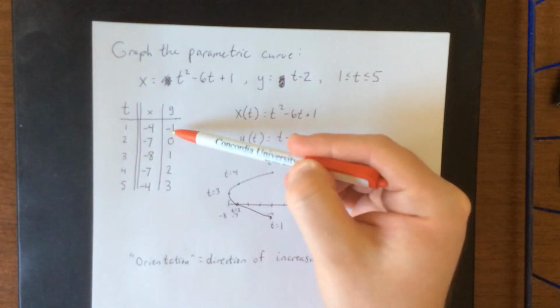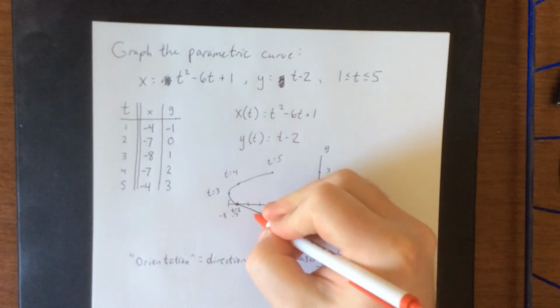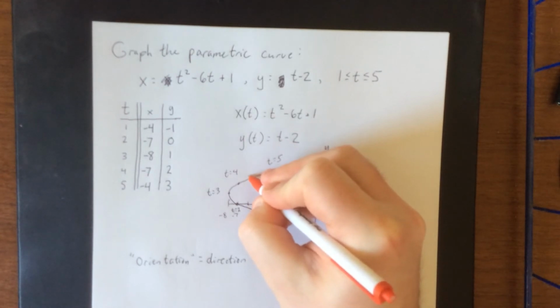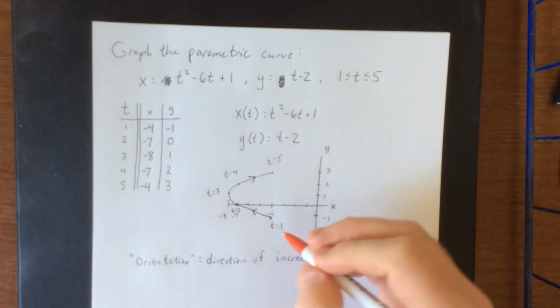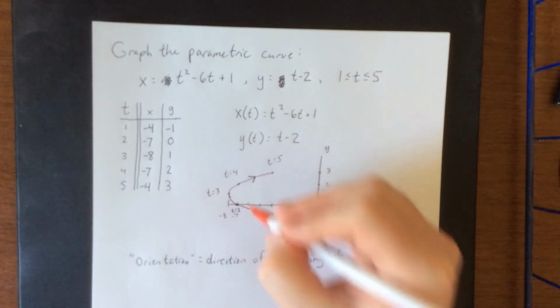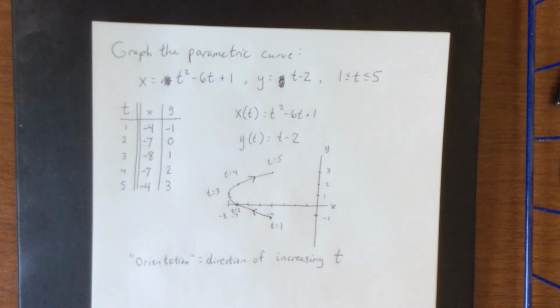As t gets bigger, y gets bigger as well. So I want to just make a little arrow on the curve indicating the direction in which we are traveling as t increases. You could just do one of them, you could do two of them, you can do multiple ones just to make sure that we know as t increases, this is the direction in which it's going.